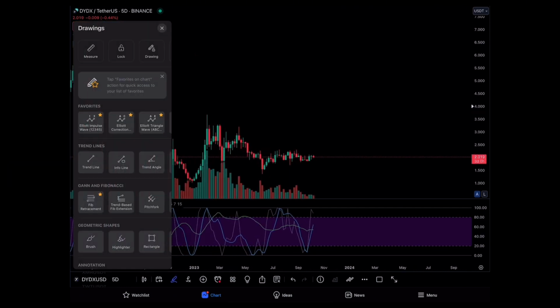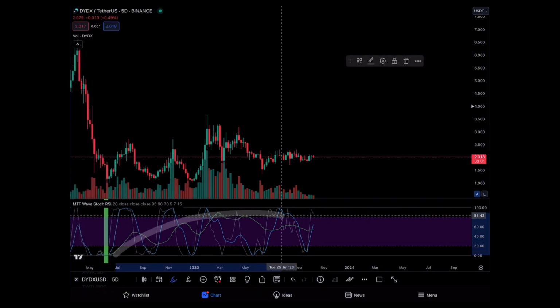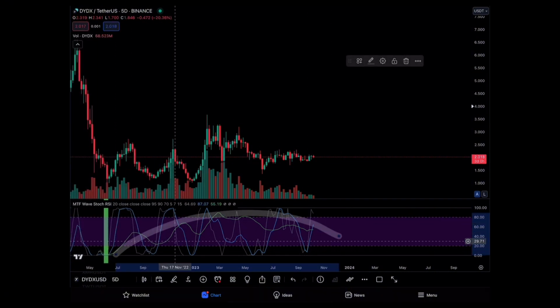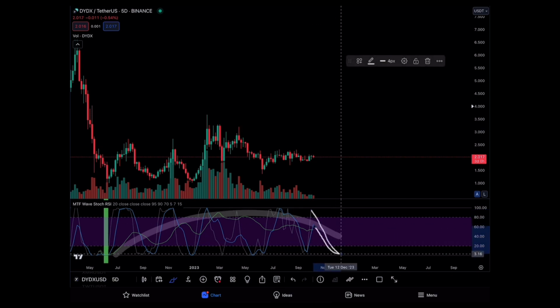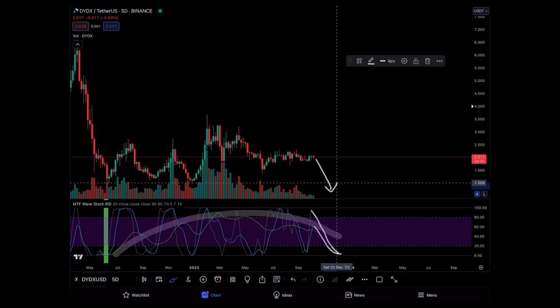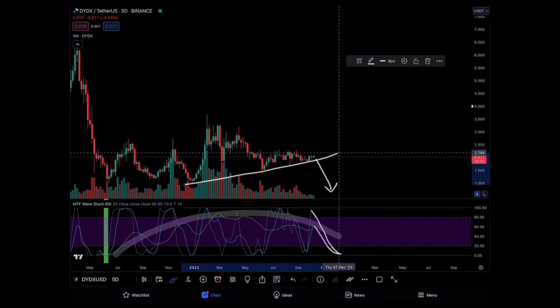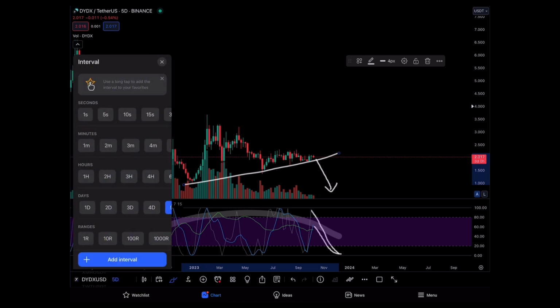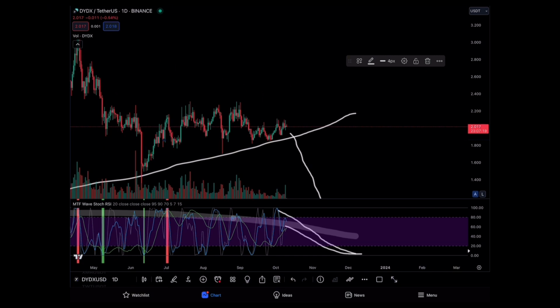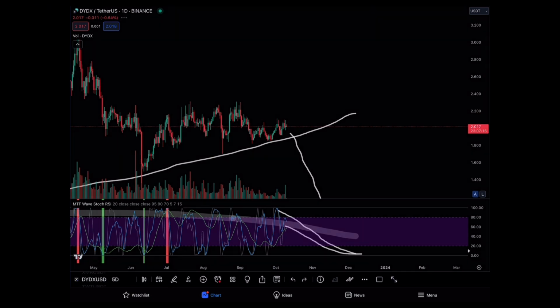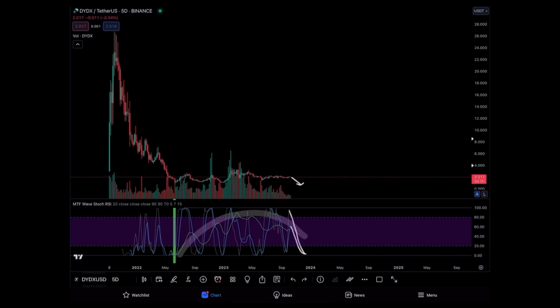This doesn't look to me like something worth looking at. Why? Because you have this green curve already showing a stochastic wave, not so neat, and at the same time you have this probably going to do something like that, and with it, it's probably going to break down. That's what I feel. If you look at the 1 day time frame, it's just not something I'm going to be looking at the moment, so just move on to the next one.